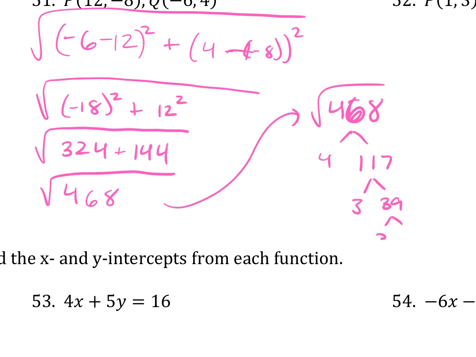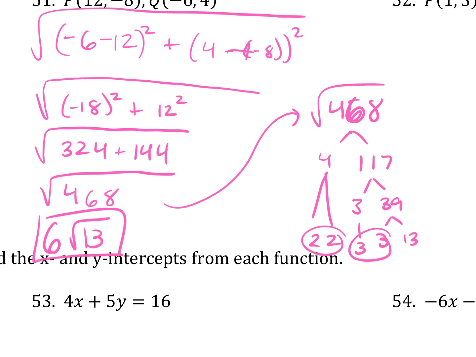And 3 goes into 39 13 times. And 4 has 2 and 2. So 2 and 3 are going to come to the outside, and 13 stays on the inside. So this would be 6 square root 13.